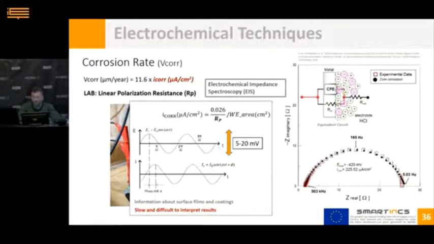From the equivalent circuit modeling, apart from the polarization resistance and the ohmic resistance to be compensated, additional information about the presence of surface films can be obtained. This makes impedance spectroscopy the standard laboratory technique for studying protective coatings and corrosion inhibitors.